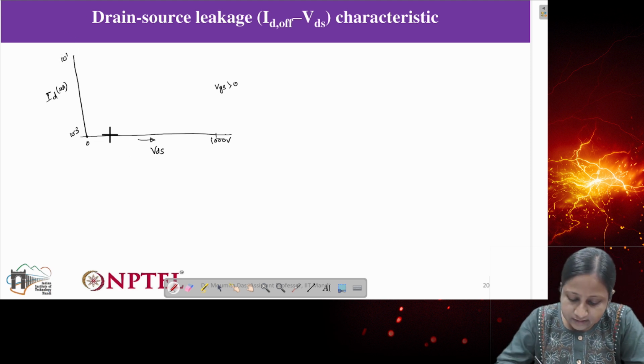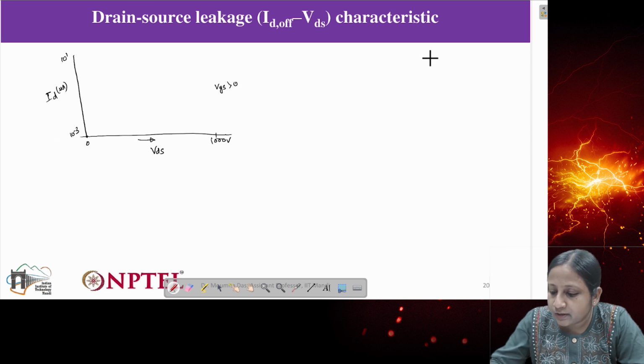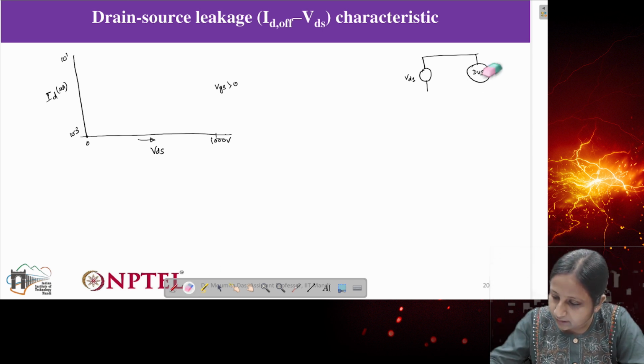So for these characteristics, as the drain voltage is varying, we are not providing any gate voltage, so the gate terminal we can actually short. Here we are providing the drain to source voltage across the device under test, the DUT.